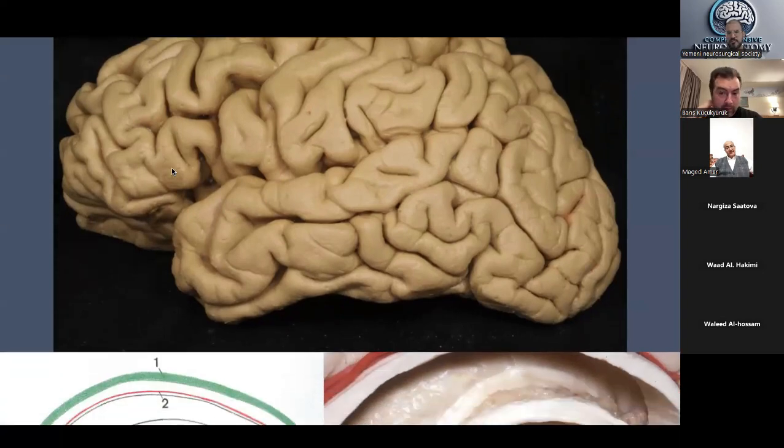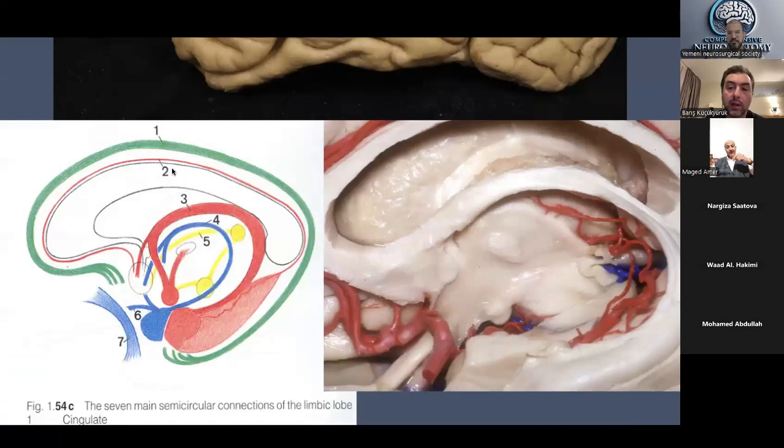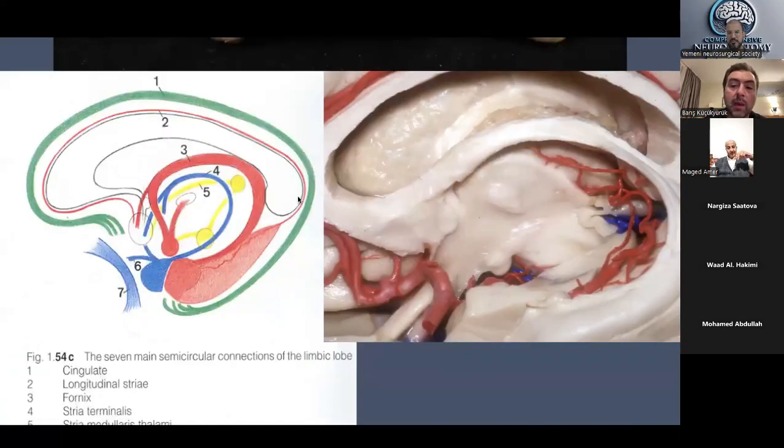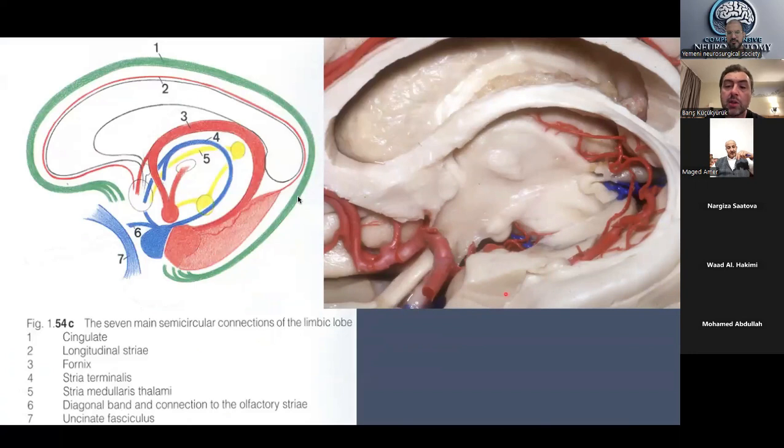However, the temporal lobe does not only contribute to the neocortex, it also hosts major parts of the limbic lobe, which develops emotions as well as unconscious associations between our five senses. Here we see a drawing of the limbic lobe. Nearly all parts of the limbic lobe, like the cingulate gyrus, the fornix, the stria terminalis, stria medullaris, thalami, and uncinate fasciculus, nearly 5 of 7 parts of the limbic lobe are involved in the temporal lobe.